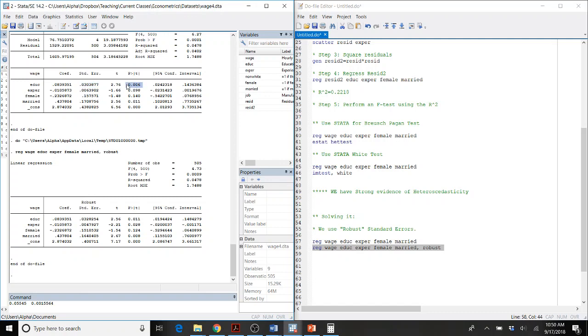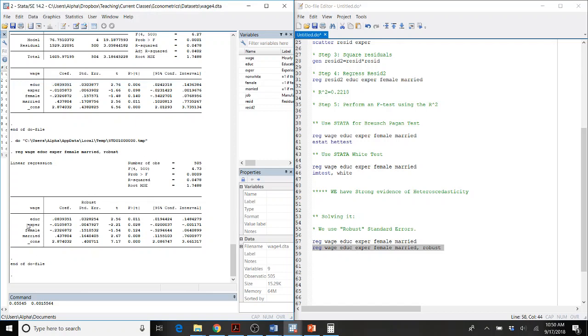In this case, it's significant at the 1% level. But now, with the robust standard errors, it's significant at the 5% level. Okay? So with heteroscedasticity, education was considered more significant than it actually was. All right? So that's what heteroscedasticity caused for the education variable.